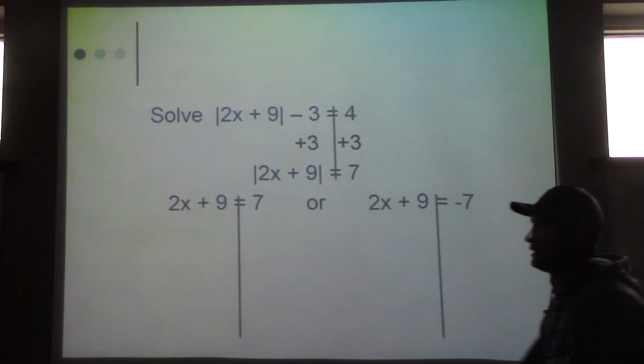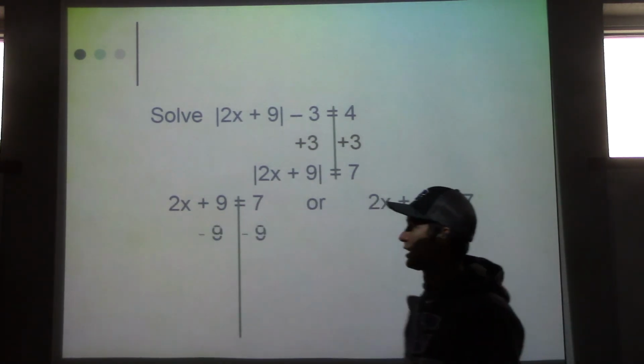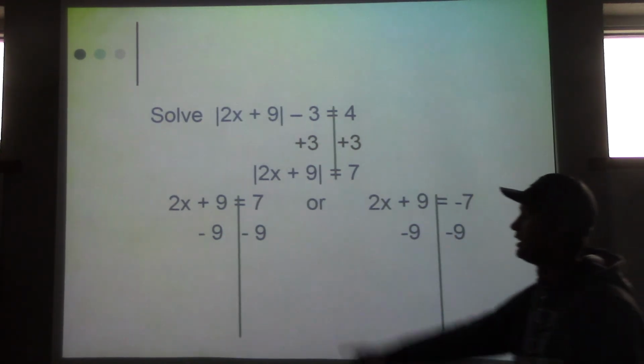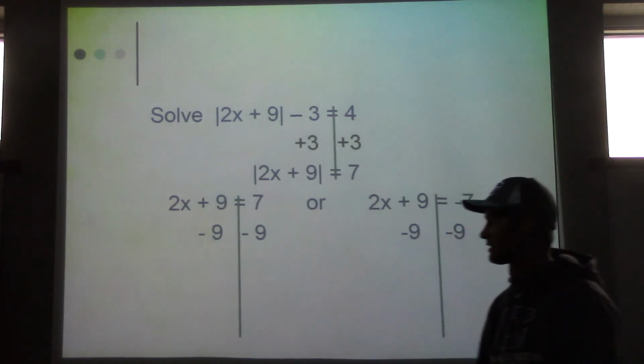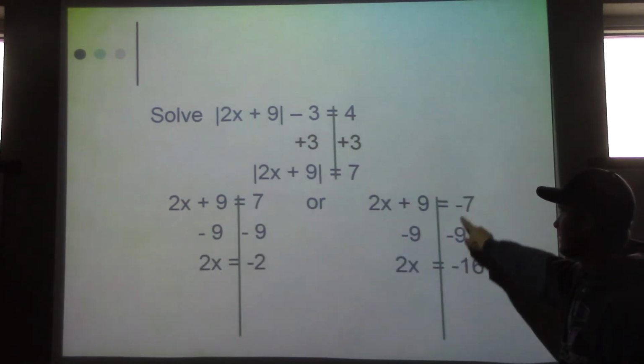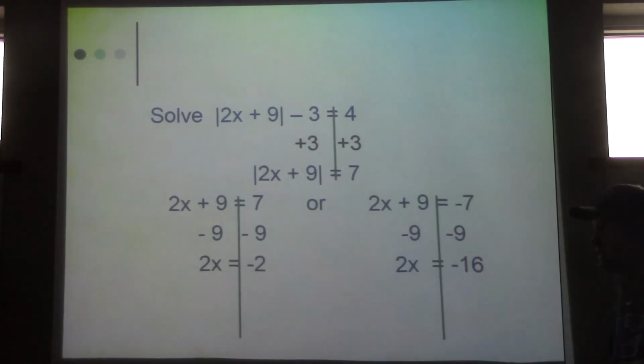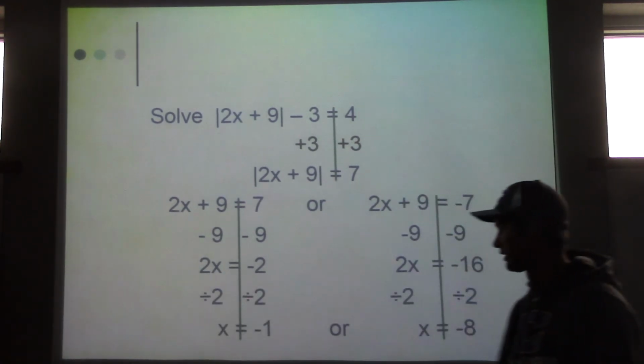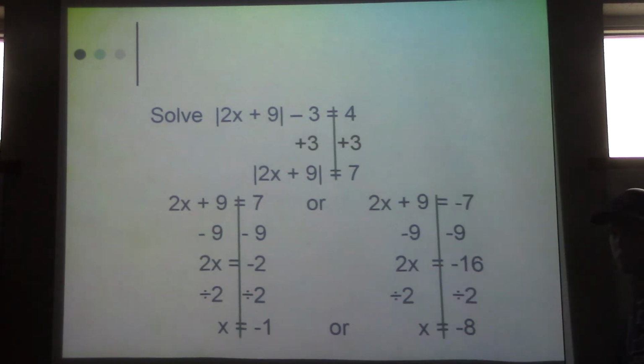Draw your line. Now, to get rid of 9, we subtract it. And I do it at the same time because we're going to do the same steps to solve. So 7 minus 9 is negative 2. Negative 7 minus 9 is negative 16. Divide by 2. Negative 2 divided by 2 is negative 1. Negative 16 divided by 2 is negative 8.